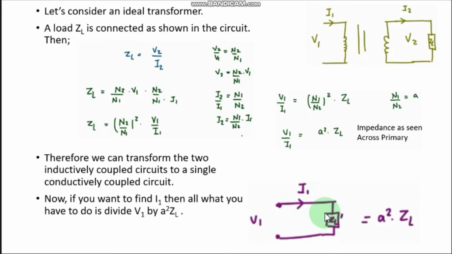So this is what we call referring secondary side impedances to the primary side. In that way we can replace these two isolated circuits with a single circuit having the equivalent impedance like this, right?